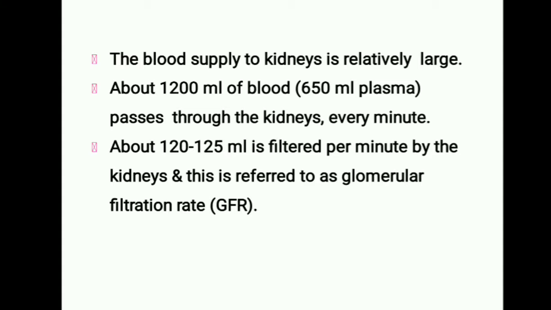The blood supply to kidney is relatively large. About 1200 ml of blood, that is 650 ml plasma, passes through the kidney every minute. About 120 to 125 ml is filtered per minute by the kidney, and this is referred to as glomerular filtration rate.